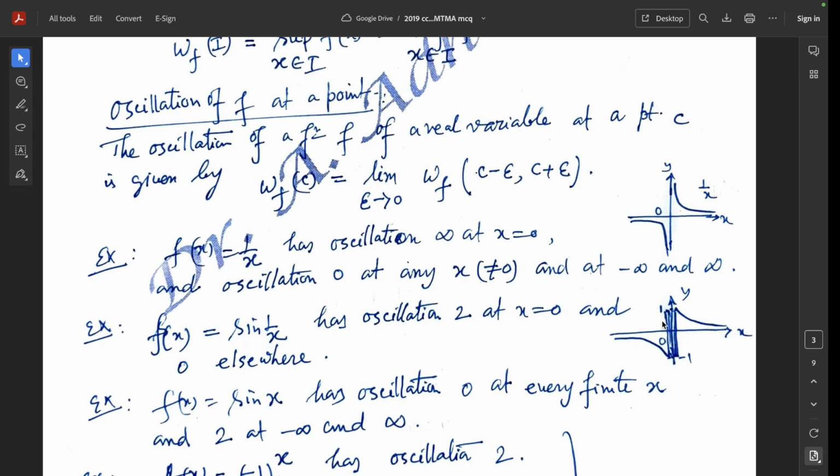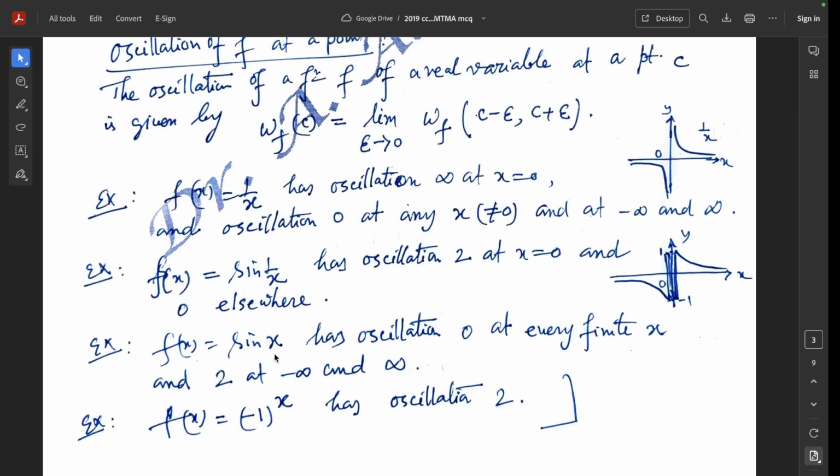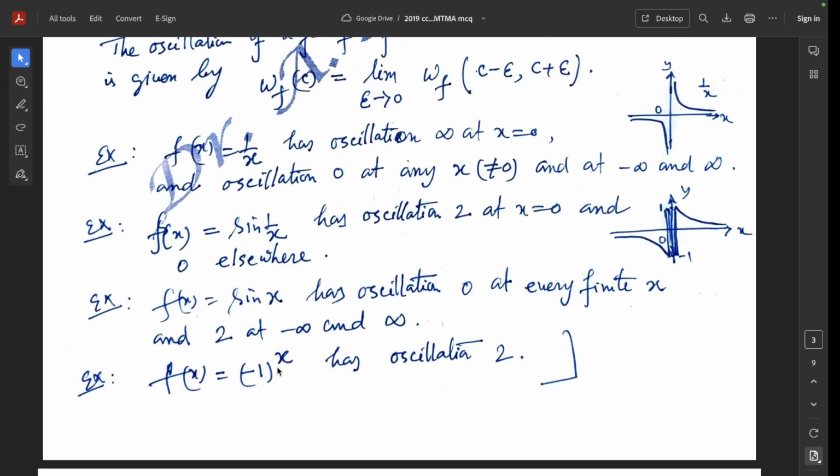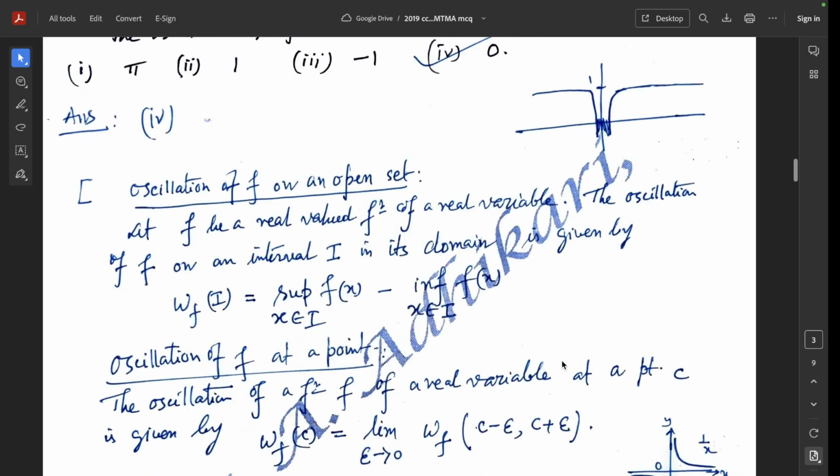So the oscillation of sin(1/x) at x equal to 0 is 2. And sin x has oscillation 0 at every finite x, because sin x is continuous throughout, and 2 at minus infinity to plus infinity. And f(x) = (-1)^x has oscillation 2.